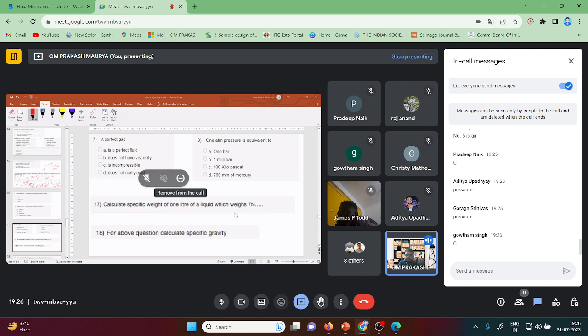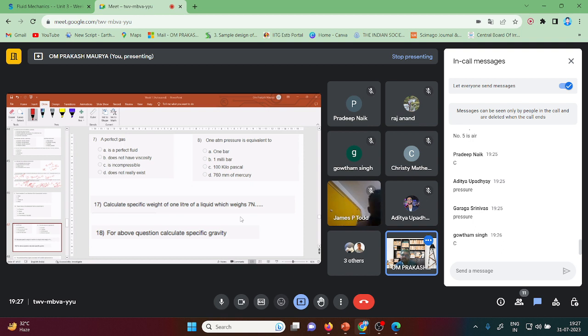Here some numericals and some questions are there, both. For question number 7, a perfect gas is a perfect fluid, or does not have viscosity, is incompressible, or does not really exist.